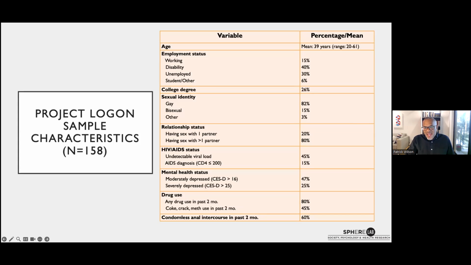And I will get back to this idea of condomless anal intercourse. What does that mean in 2023, in the age of PrEP, and with highly effective treatments that make transmission from an HIV-infected person to a negative person highly unlikely if the positive person is virally suppressed? What does it mean if we're looking at condomless anal intercourse as an outcome?